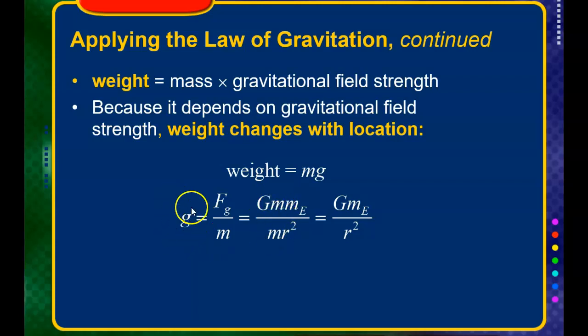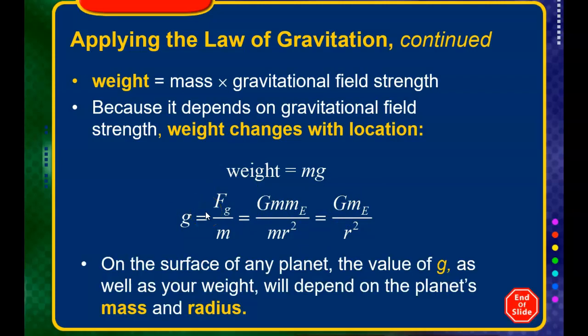So our acceleration due to gravity can be found by taking the gravitational constant times the mass of the Earth divided by r squared. We'll talk a little more about this in class. On the surface of any planet, the value of acceleration due to gravity, as well as your weight, will depend on the planet's mass and radius. Your own mass is really insignificant.